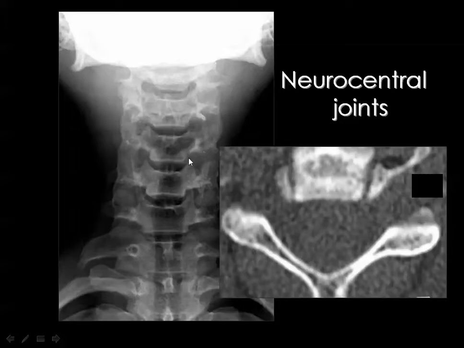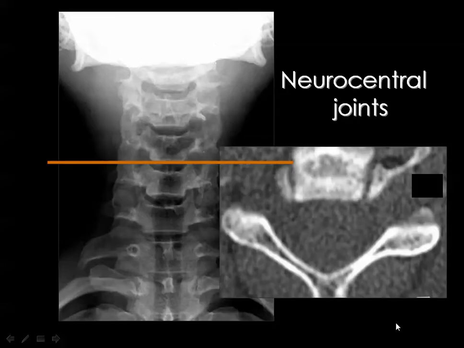Then if you have a section in this area like this one, you will see that there is a small bone, then a joint space, which is the uncovertebral joint, then a large bone, which is the vertebral body, then another joint, which is the uncovertebral joint, and a small bone. Then look here, this is the small bone, the uncovertebral joint, the large bone of the vertebral body, the uncovertebral joint, and the small bone after that.